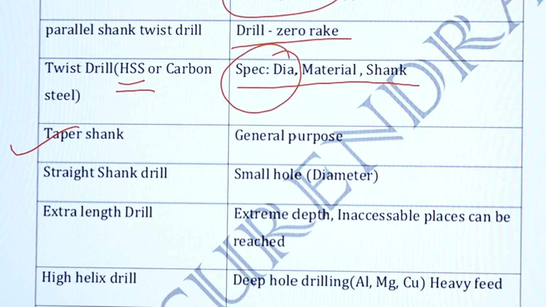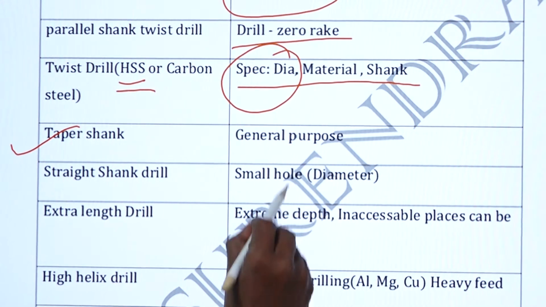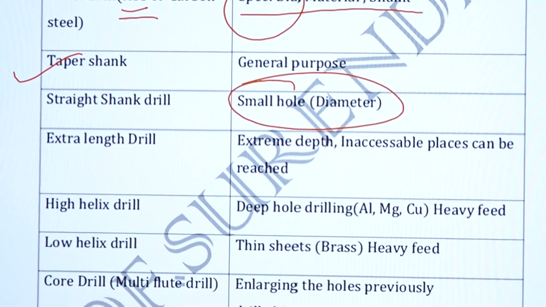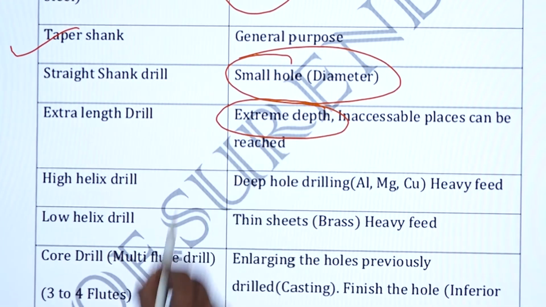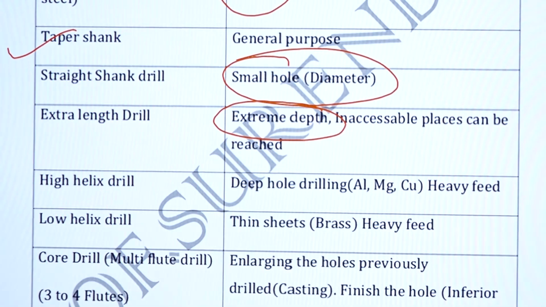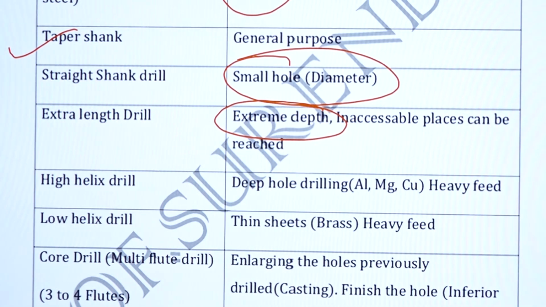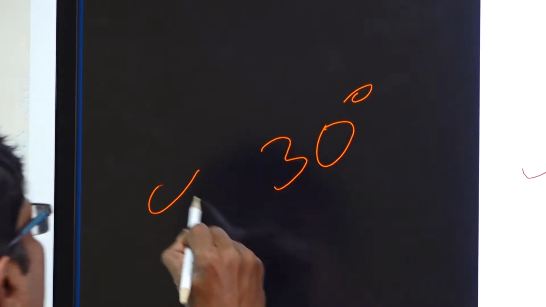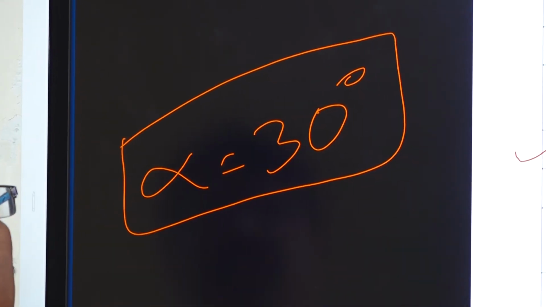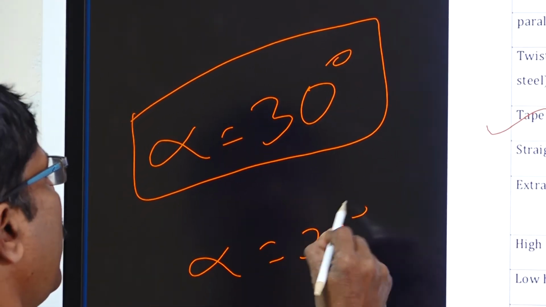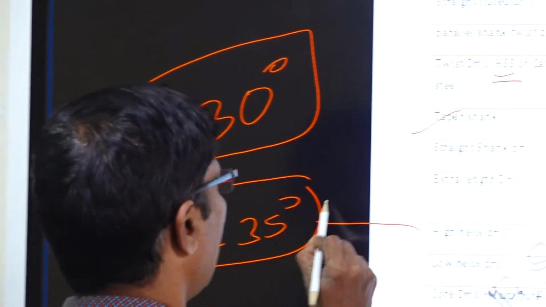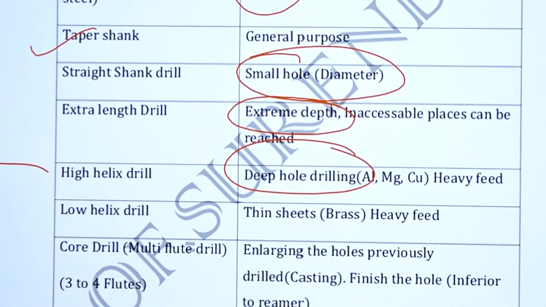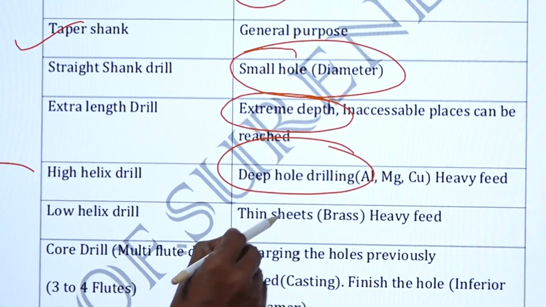Straight shank drills are used only for small hole diameters, and extra length drills are used for extreme depth. A high helix drill has a helix angle usually more than 30 degrees, so we can go for deep hole drilling. A low helix drill has a lesser helix angle and can be used for thin sheet.